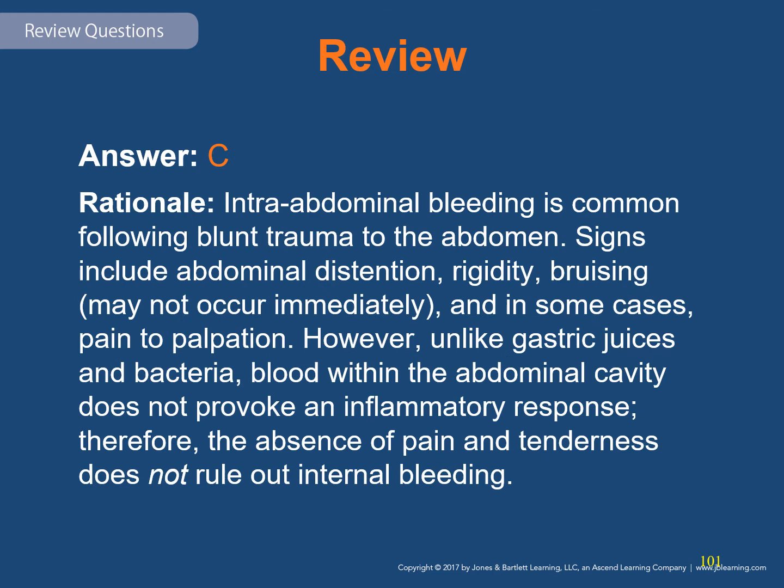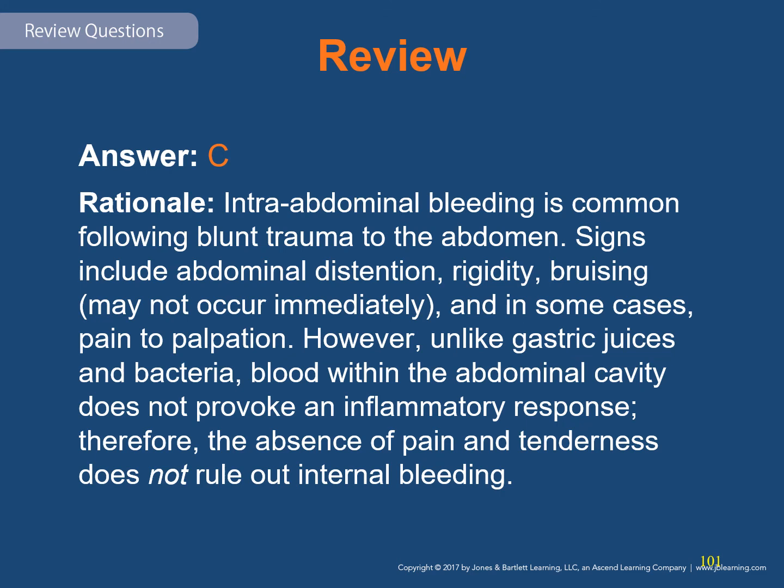Intra-abdominal bleeding is common following blunt trauma to the abdomen. Signs including abdominal distension, rigidity, and bruising may not occur immediately, and in some cases pain to palpation. However, unlike gastric juices and bacteria, blood within the abdominal cavity does not provoke an inflammatory response.